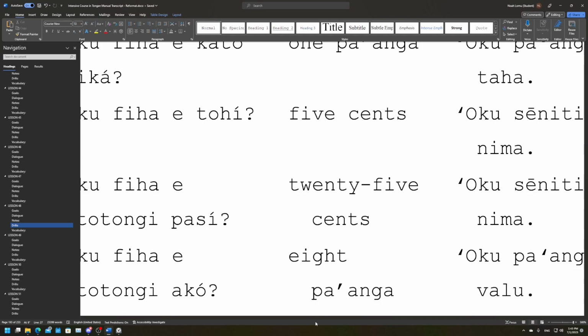Hiva. Correct. So taha, ua, tolu, fa, nima, ono, fitu, valu, hiva, hongofulu. And then from there it's just taha, taha ua. So it's really easy from there.